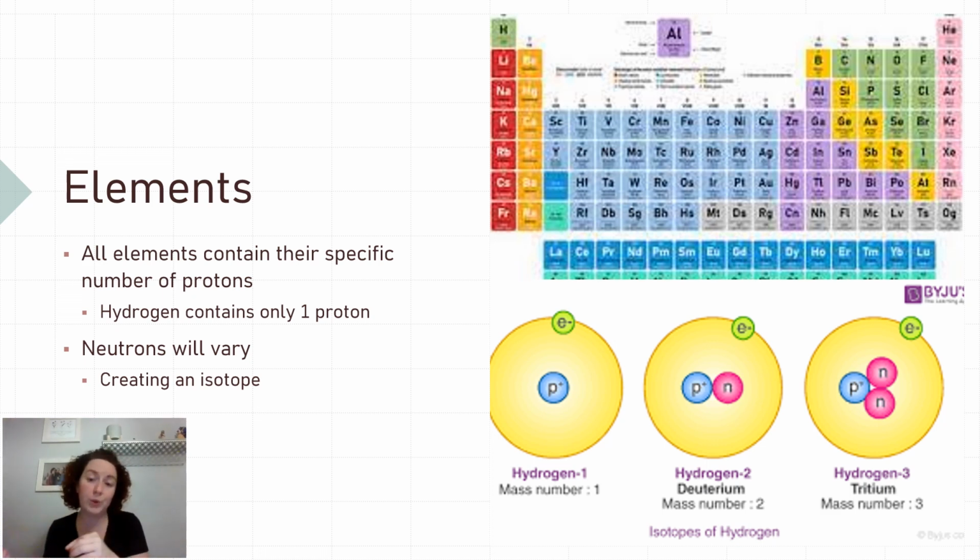When there are more neutrons than what the element originally calls for, that's where you get an unstable isotope. And that is important when we start talking about radiocarbon dating, because those are what help us determine how old something is. So stick with me.